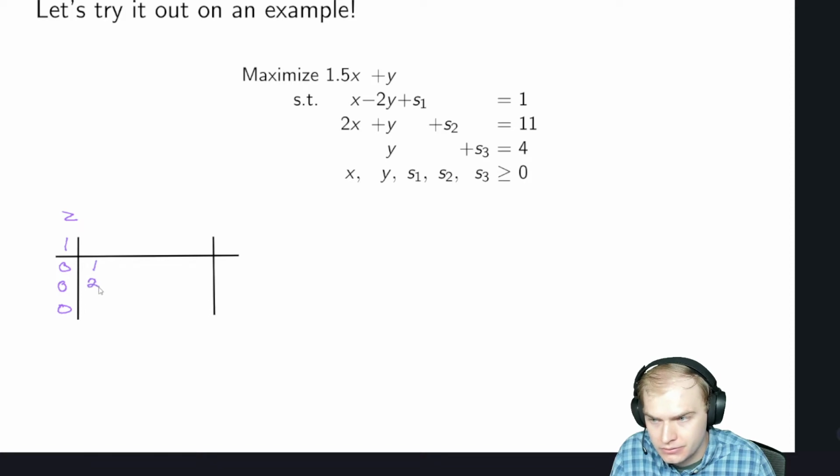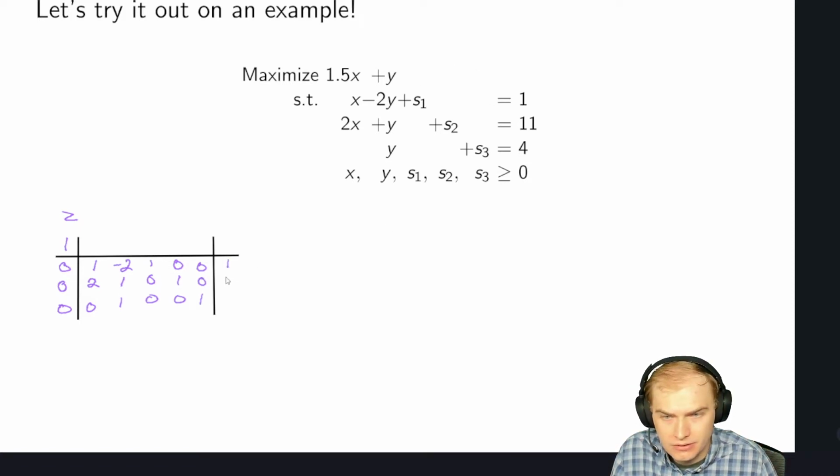So 1, 2, 0, negative 2, 1, 1, 0, 0, 0, 1, 0, 0, 0, 1. B is 1, 11, 4. The right-hand side of our objective.